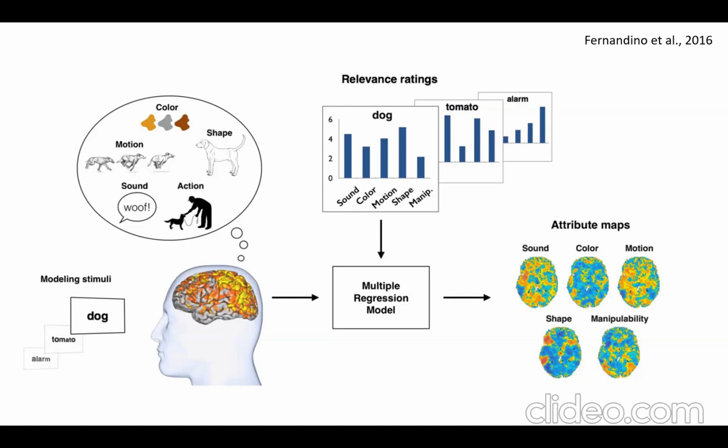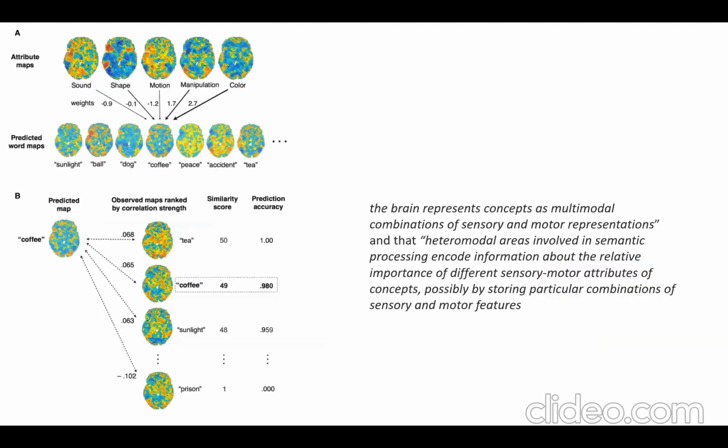So we can see again that for sound, these voxels really like to respond to the sound features, these to the colors, these to motion, these to shape, and so on. However, what was interesting based on that study is that using only these 5 features of the words, they could predict relatively accurately the new words that have not been observed.